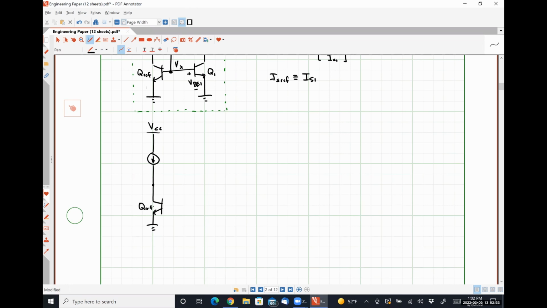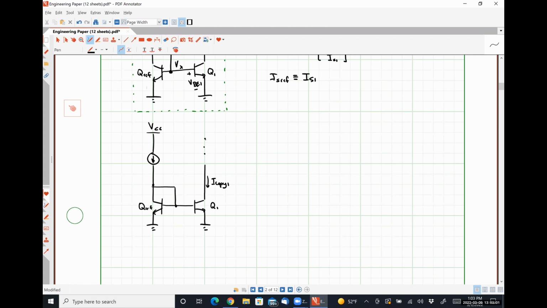Here's QREF. Here's Q1. Let's call this I copy 1, and it's connected to some external circuitry. Okay.